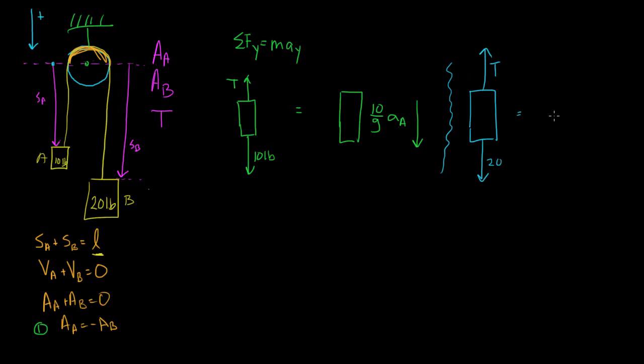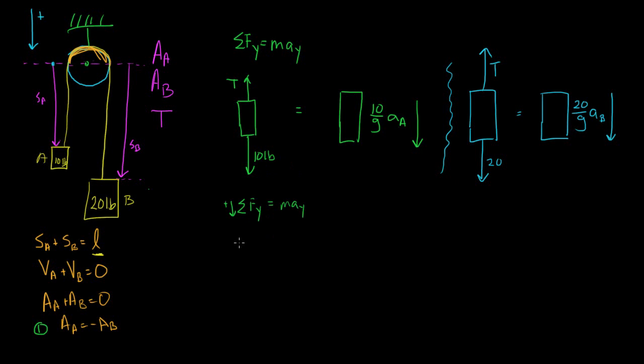And if we equal this to our kinetic diagram, we have our mass, which is 20 divided by g, times the acceleration of B. And we're going to, again, assume it's in our positive direction, which is going down. So now when we sum our forces, positive is down, so the sum of the forces in the y direction is equal to mass times acceleration in the y.